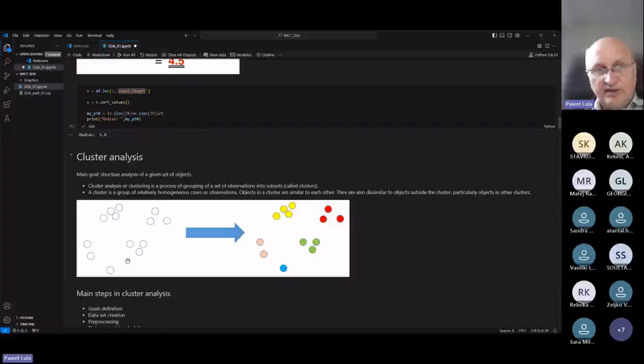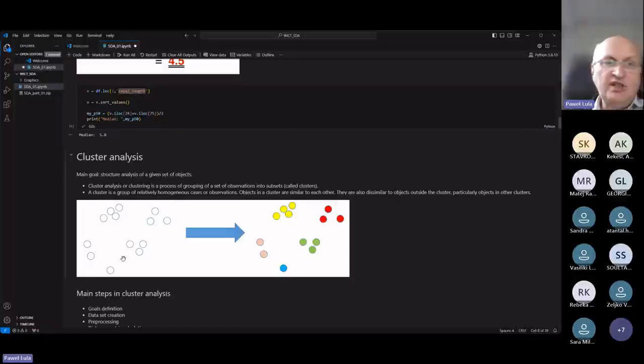In our data set, because I will use this iris data set for some further calculations in the examples which I'm going to show you, we have 150 objects.